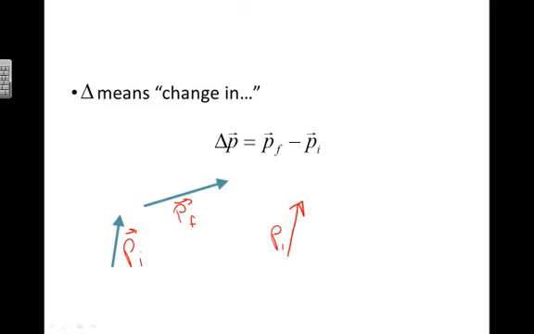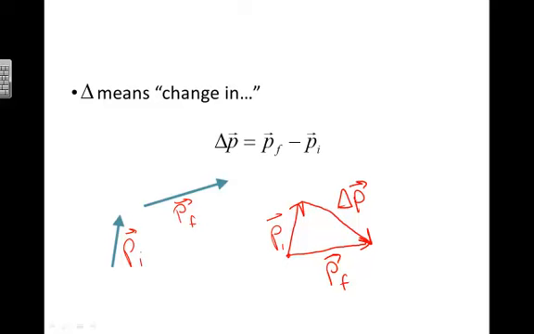So P initial here, and then P final like that. And we start at the nose of whichever vector we're subtracting, in this case the P initial, and go to the nose of the other vector. So this right here is my delta P, my change in momentum.